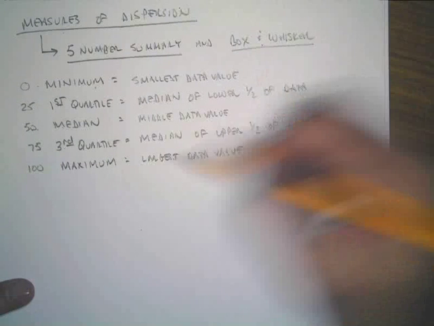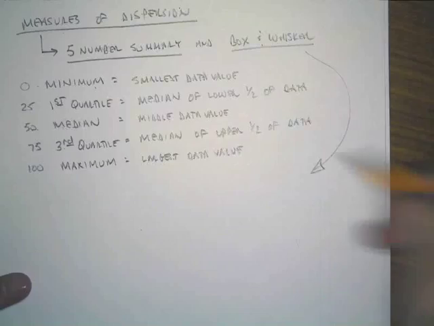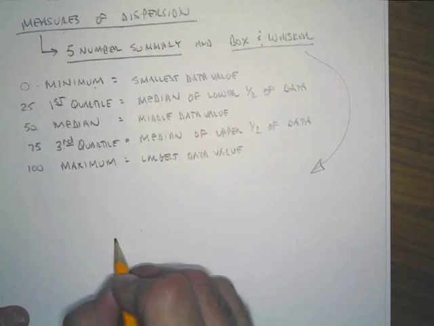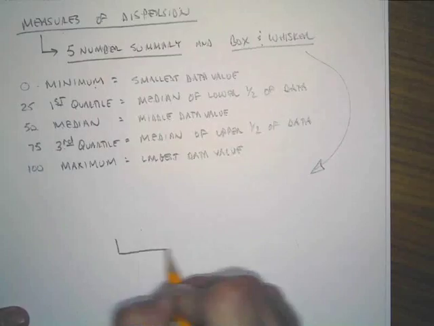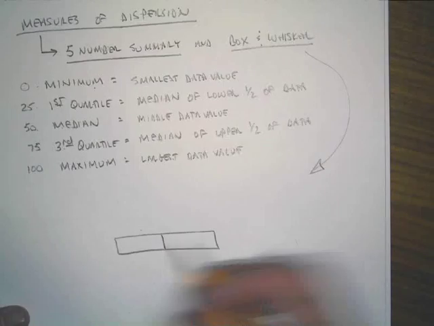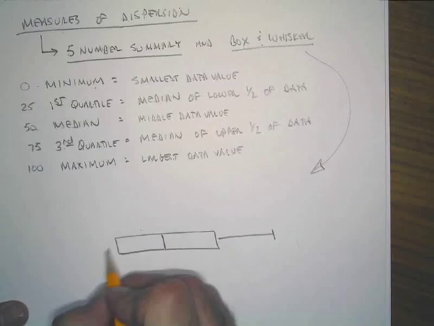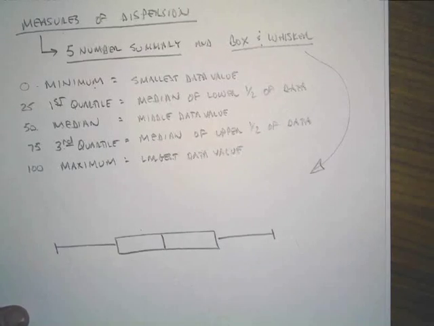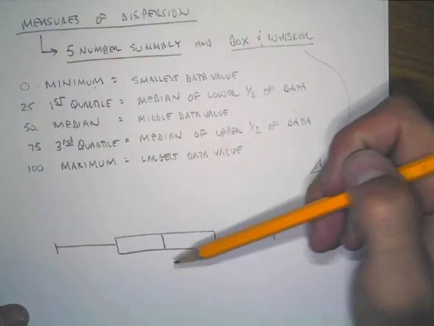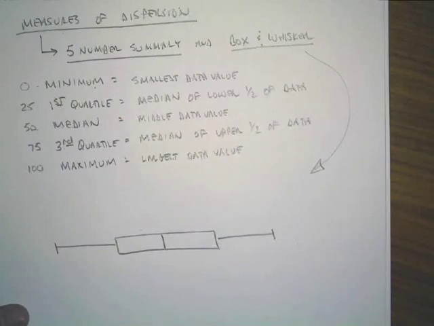Now we can turn those 5 numbers into a diagram called a box and whisker, and it looks like this. There is a box with a line, and then there are whiskers out to each side. And we're going to label the 5-number summary on the box and whisker.